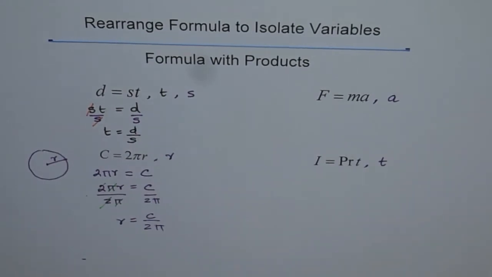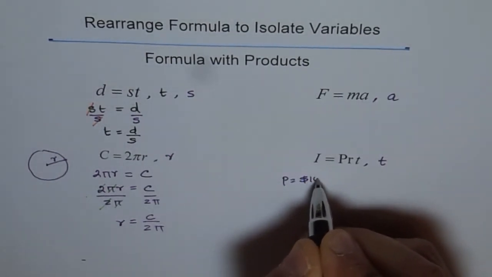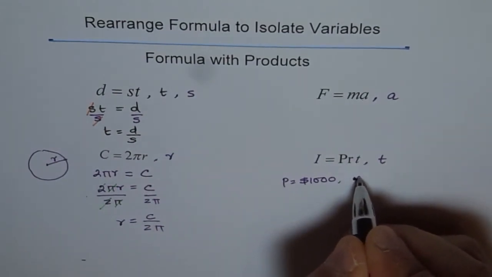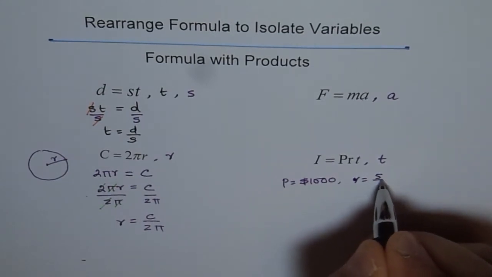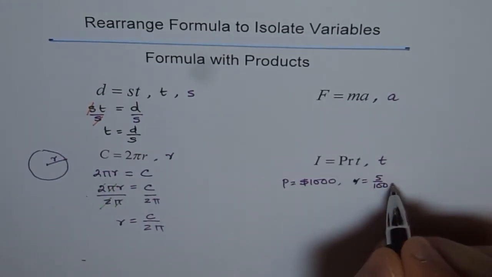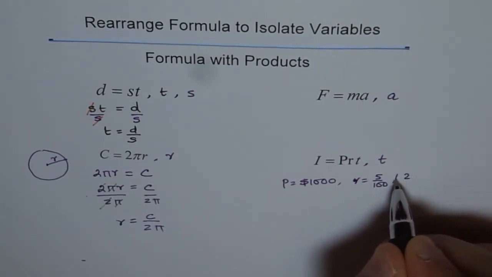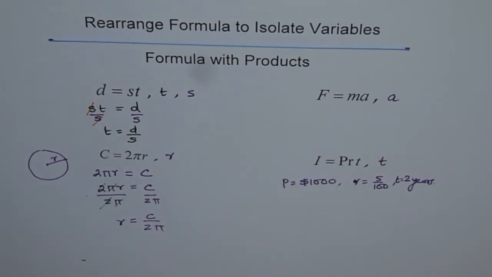Let us say you invest $1,000, let's say P equals $1,000 and the rate of interest R is, let us say, 5%, that means 5 over 100. Then if you invested for 2 years, let us say T equals 2 years, then you can find what interest you will earn.